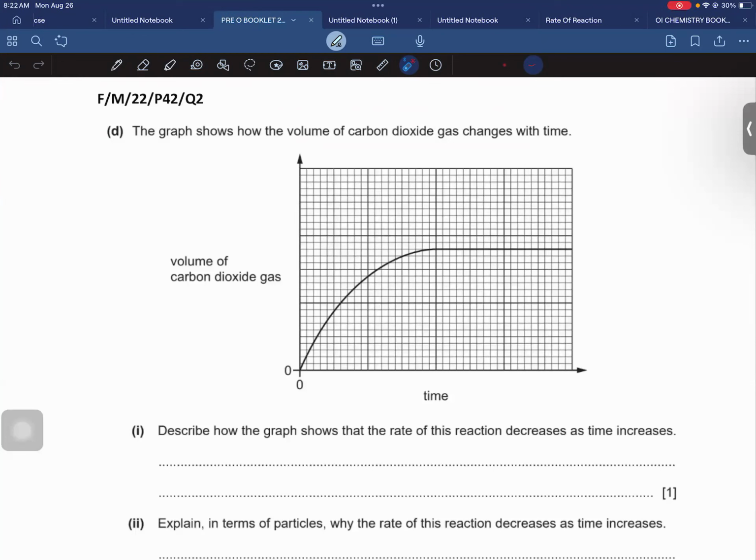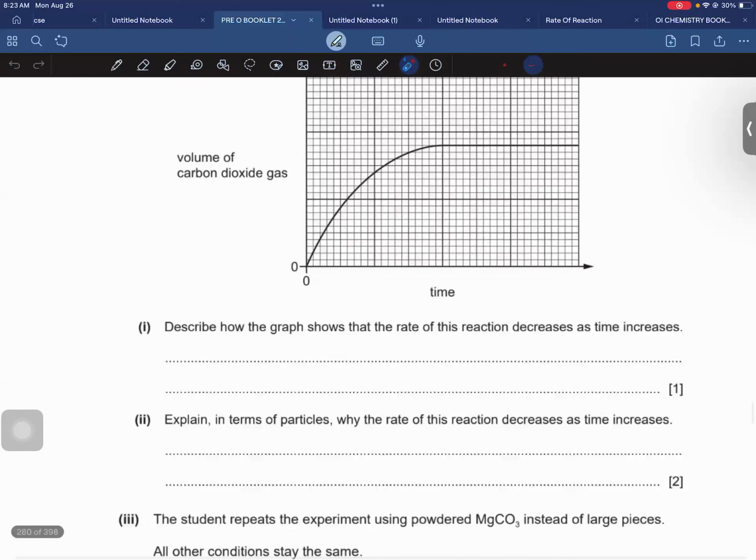Sir, the slope keeps getting more curved until it settles into a straight line. Oh, okay. So I can say that the gradient of the curve, the line becomes less steeper.